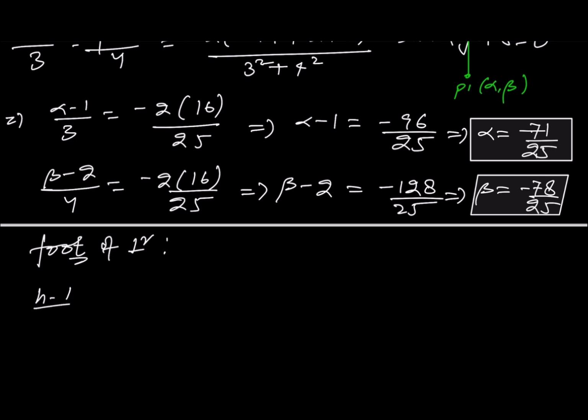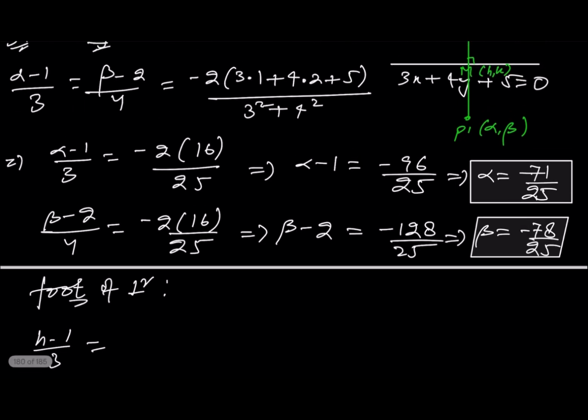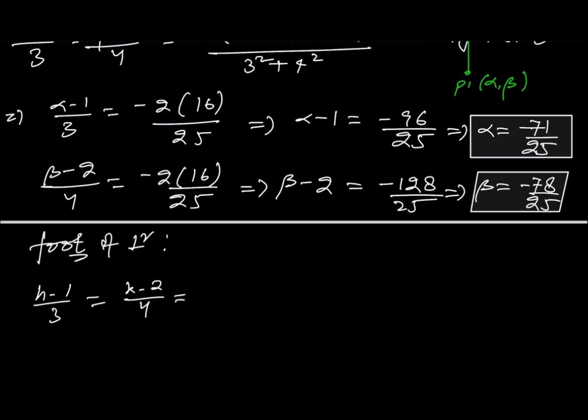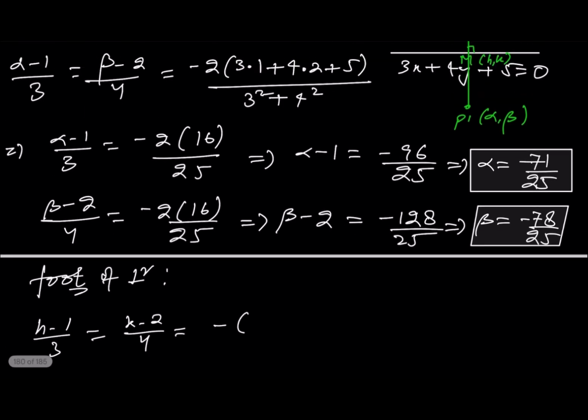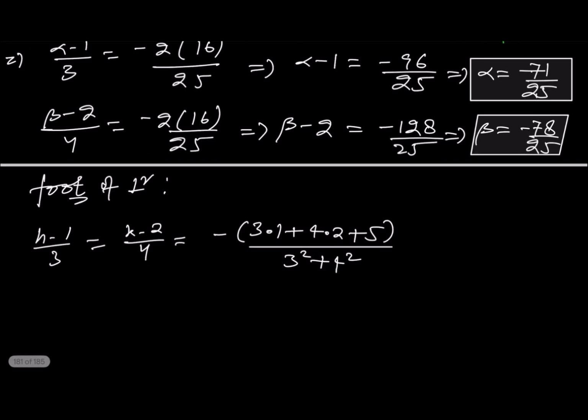(h minus 1) by 3 is equal to (k minus 2) by 4 is equal to minus (3 into 1 plus 4 into 2 plus 5) upon (3 square plus 4 square).